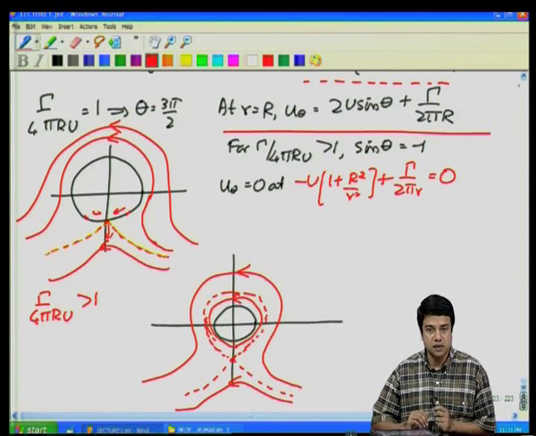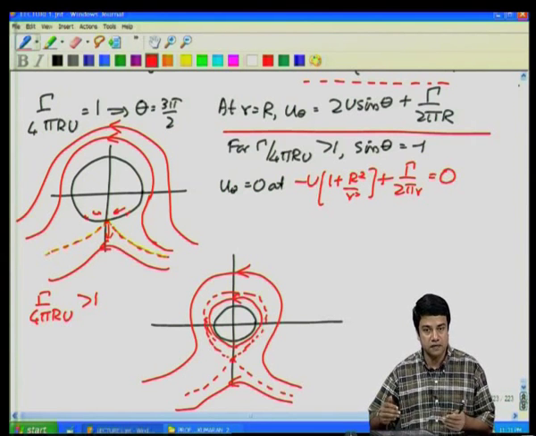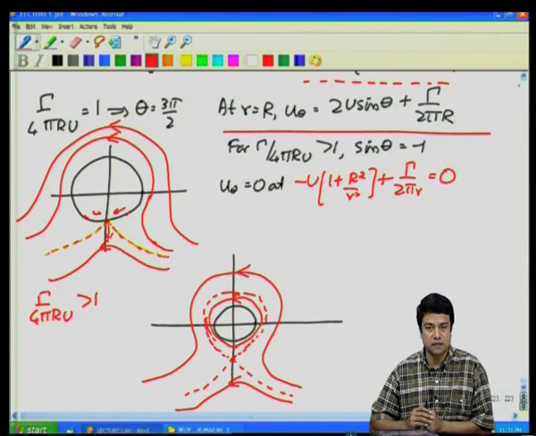But the point here is that if there is, in addition to the usual potential flow velocity, circulation as well, there is going to be an asymmetry in the velocity profile around the cylinder. The stagnation points shift from the upstream and downstream ends of the cylinder downwards if the circulation is positive; if the circulation is negative, they will shift upwards. Gamma can be positive or negative.